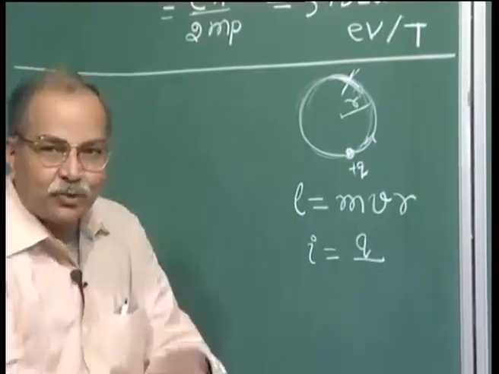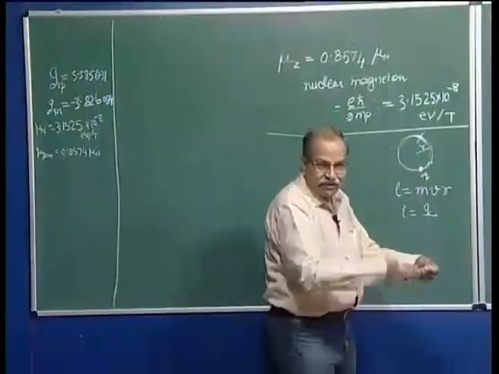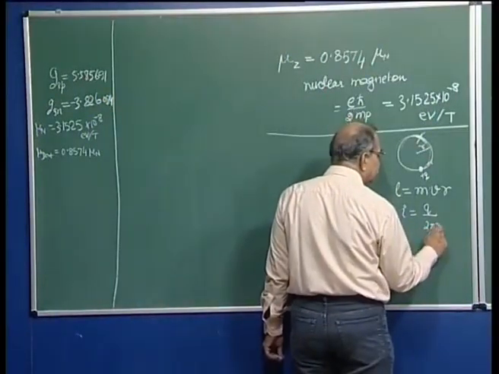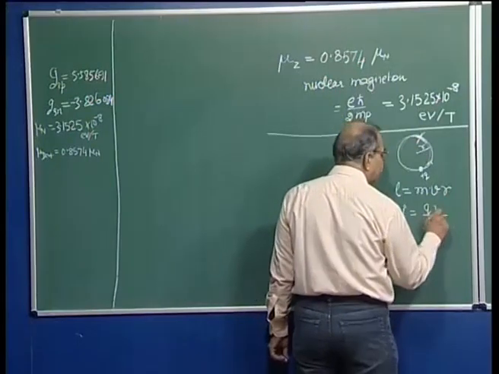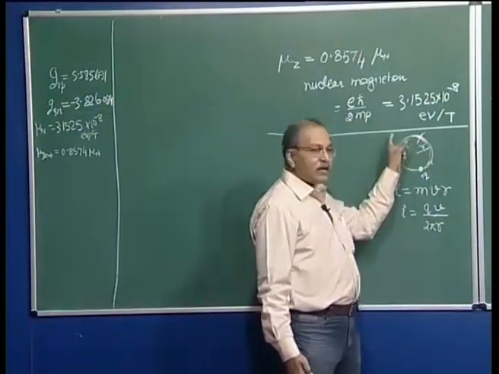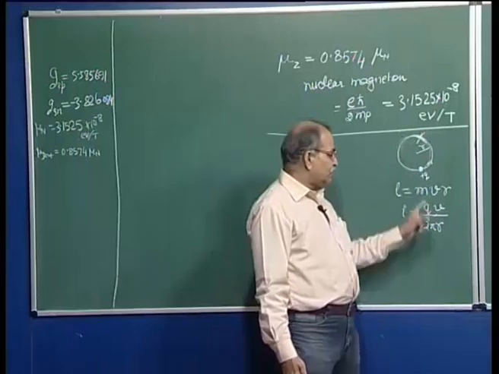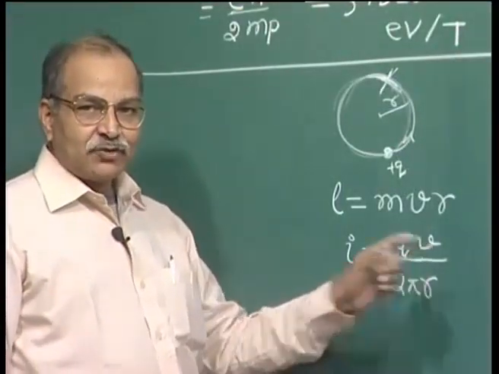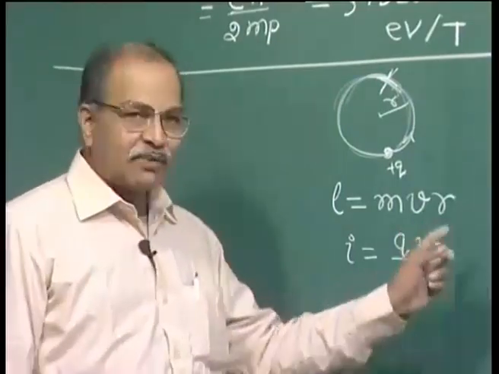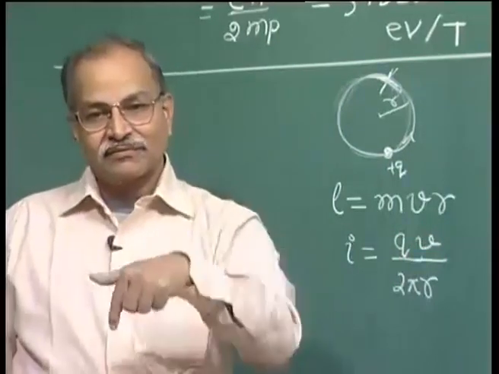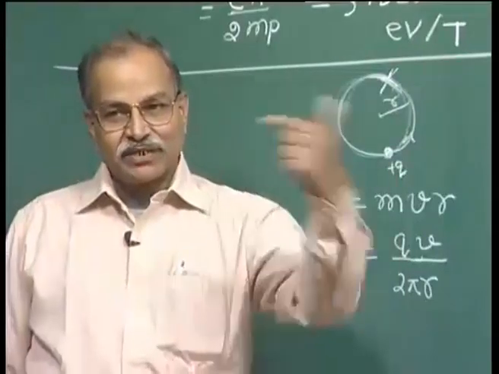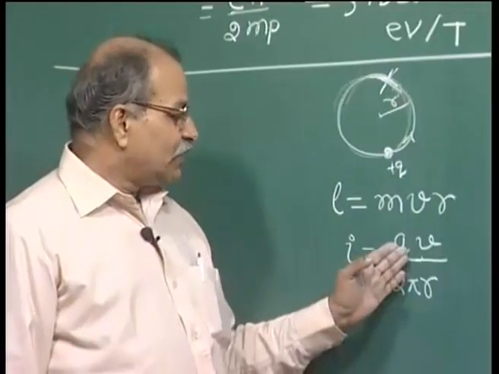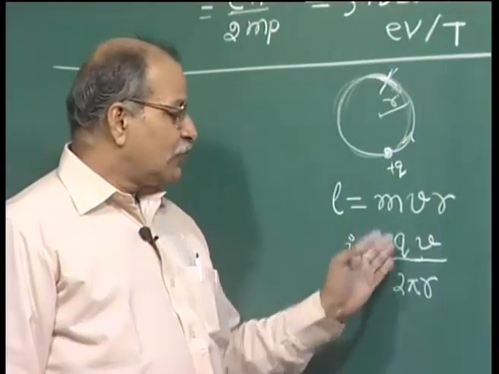After what interval does the charge q come again? One time period, and that time period is 2 pi r divided by v, since 2 pi r is the distance it goes with speed v. So, every 2 pi r by v the charge crosses the point, and it is very fast. So, I is q by t.